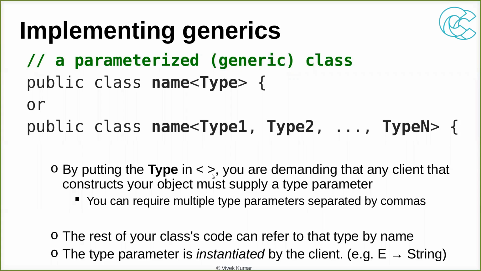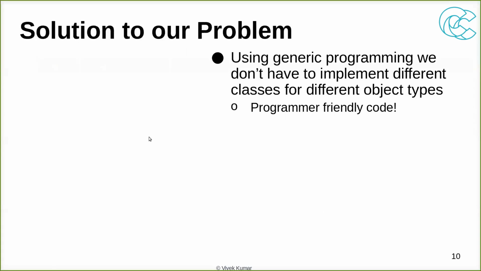It can be string, integer, float, or whatever. And within this class, you can refer to it by the variable that you have used. If you are calling it T or E, then you use that same name within this class. We'll look at this example.